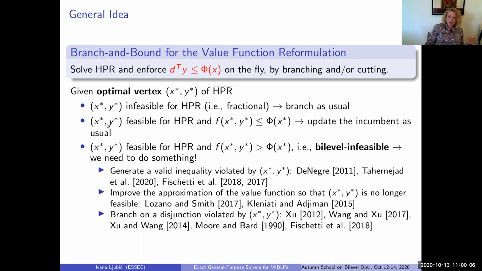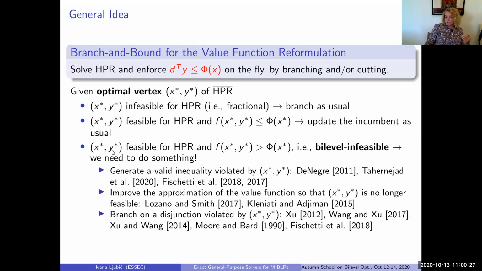This is a feasible bilevel solution and we can keep it. However, if we have an HPR point which satisfies integrality conditions, but it violates the value function constraint, this means that this point is not bilevel feasible and we have to do something.